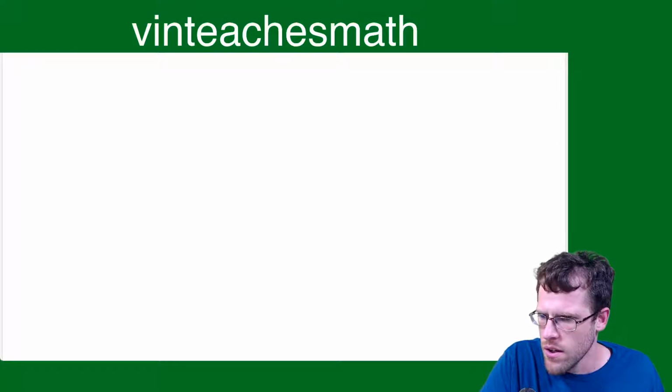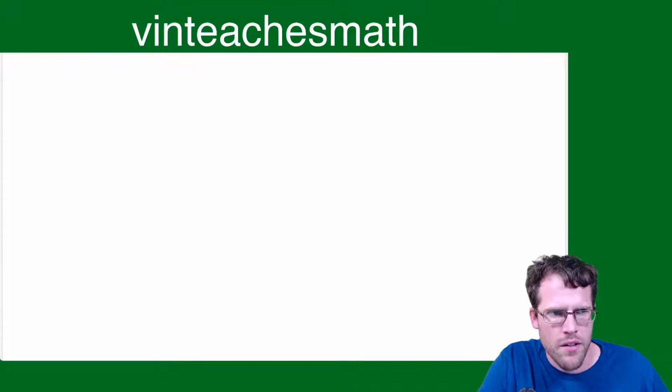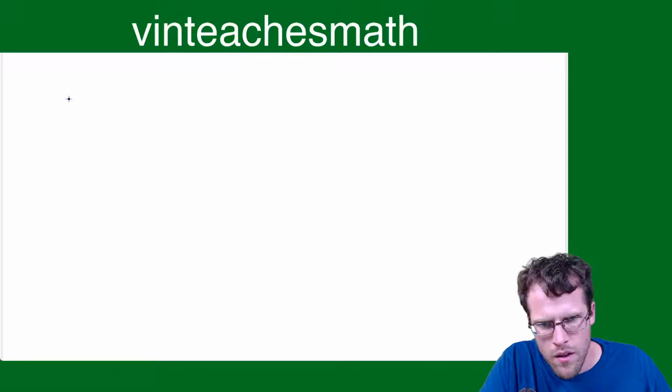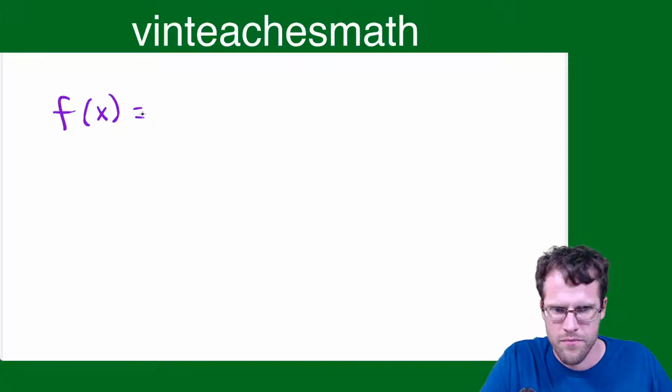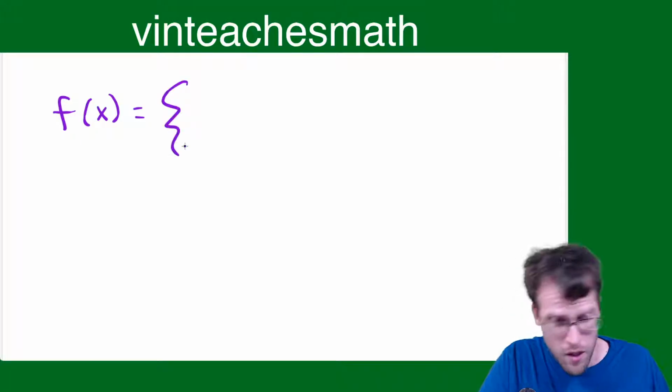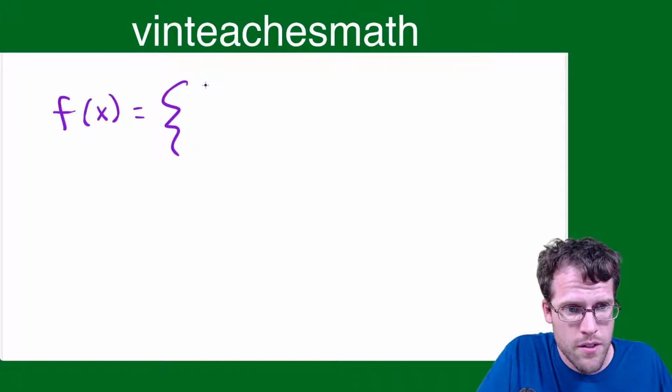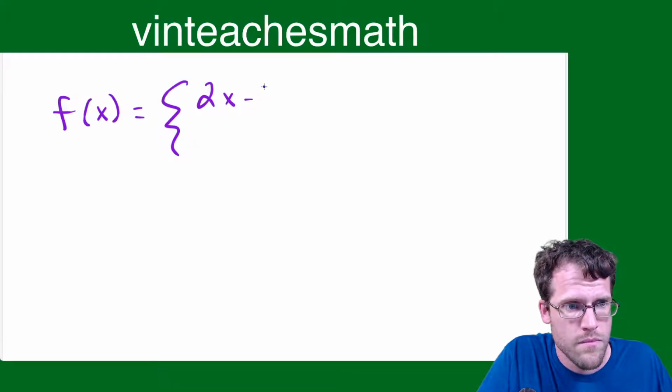Now, if you're trying to find or explain why a piecewise function is continuous, let's come up with a different kind. So let's say we had f of x equals, and we have a piecewise function like 2x minus 1 when x is less than or equal to 0.